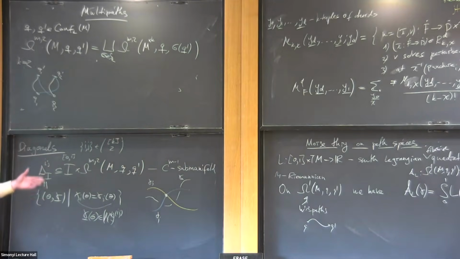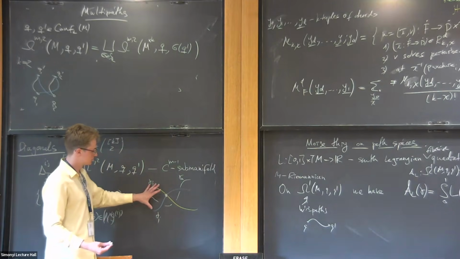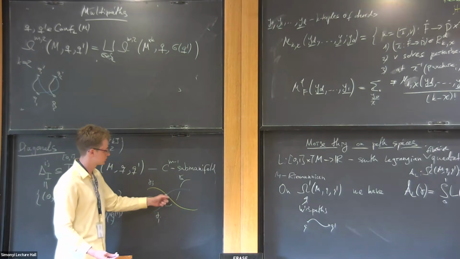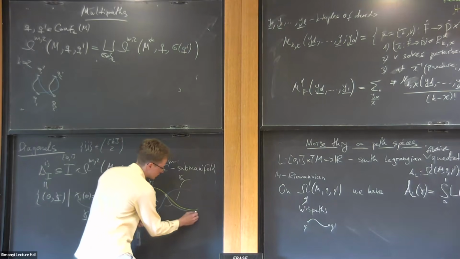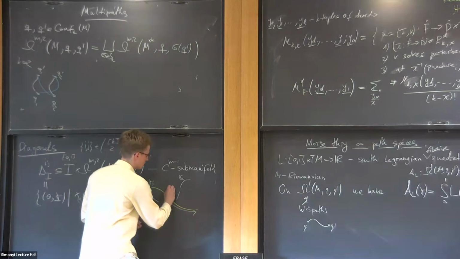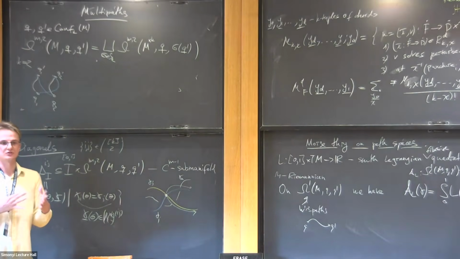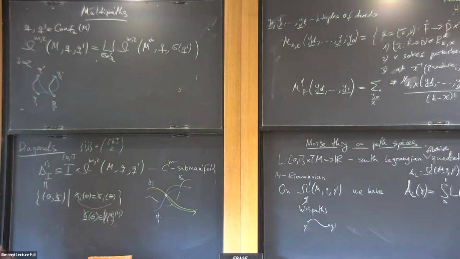Now the idea is that when these two paths intersect, you can replace them with another pair where gamma_i first travels until the intersection point and then jumps to gamma_j and goes here, and a similar thing happens to gamma_j. That's exactly what happens in the string bracket operation of Chas and Sullivan.